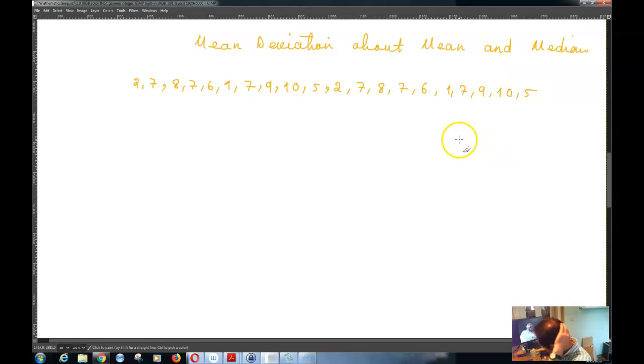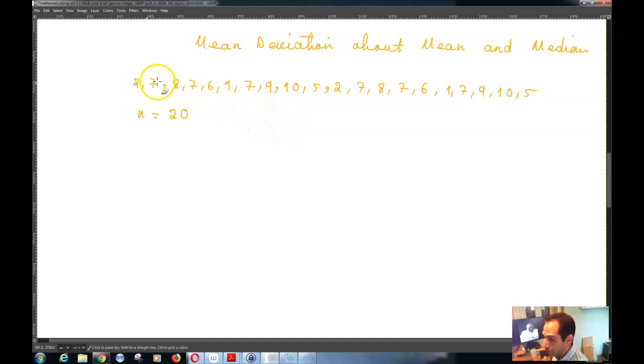Suppose you have these observations, and the number of these observations is 1, 2, 3, and so on, up to 20. So you can say that n is equal to 20.